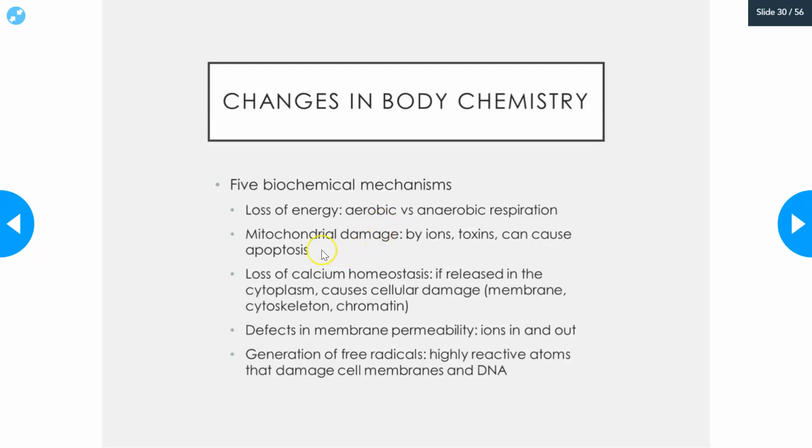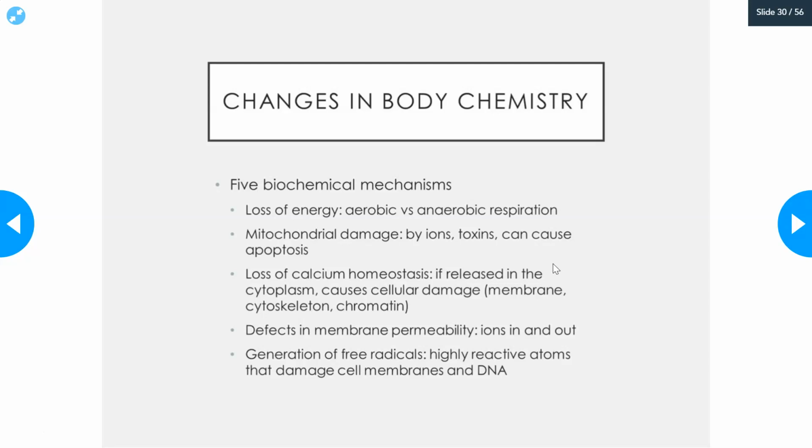Mitochondrial damage can be caused by ions and toxins, and it can cause apoptosis of the cell. The mitochondria is where energy production happens. A lot of things that damage the mitochondria then affect the electron transport chain and the cytochromes, so even if enough oxygen reaches it, if the electron chain and the cytochromes are damaged, then you have a lack in the production of ATP.